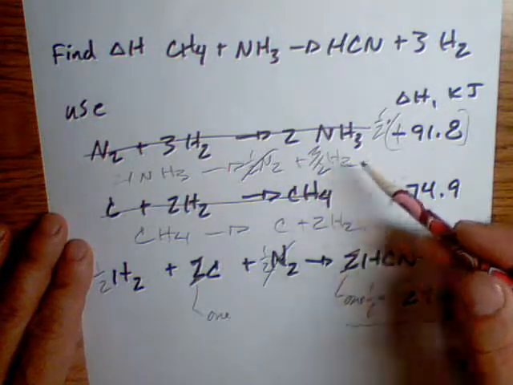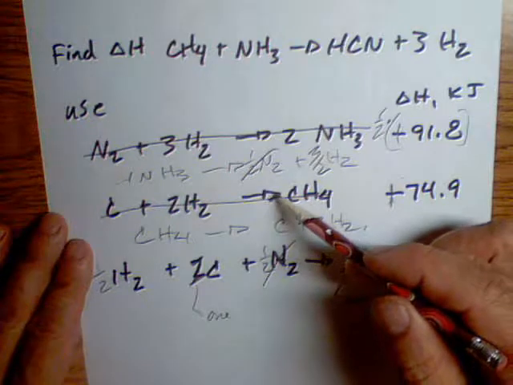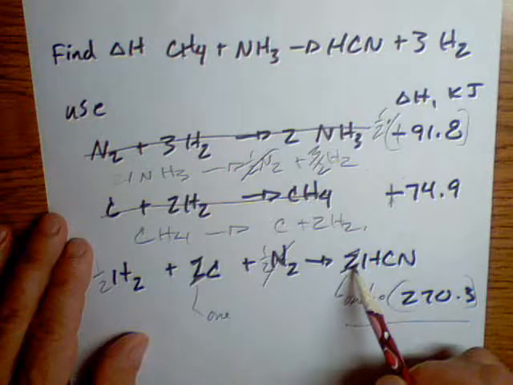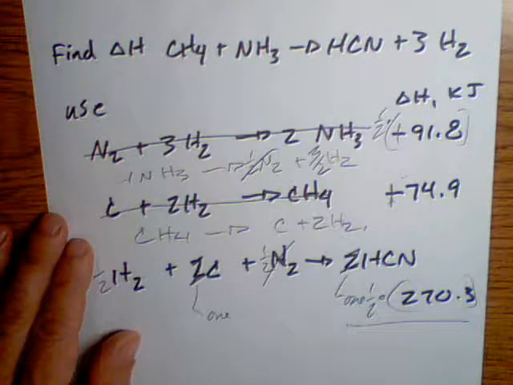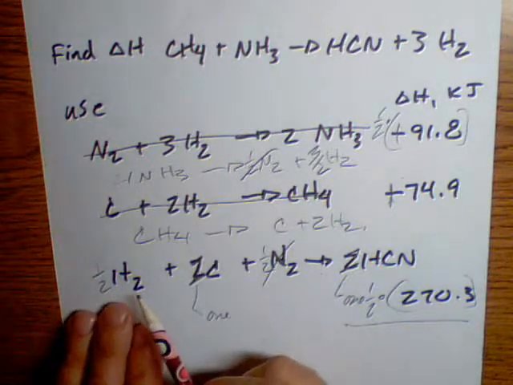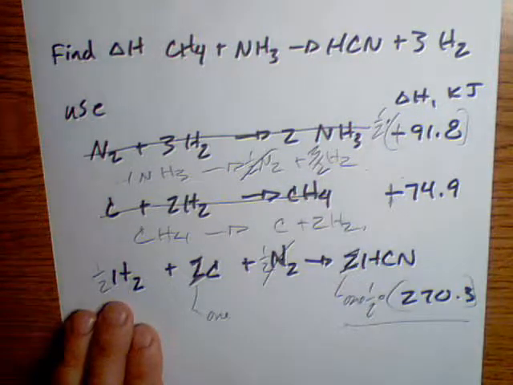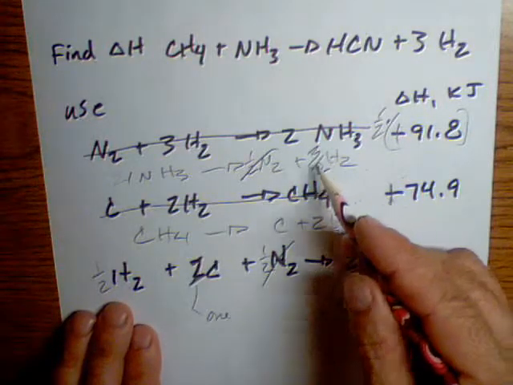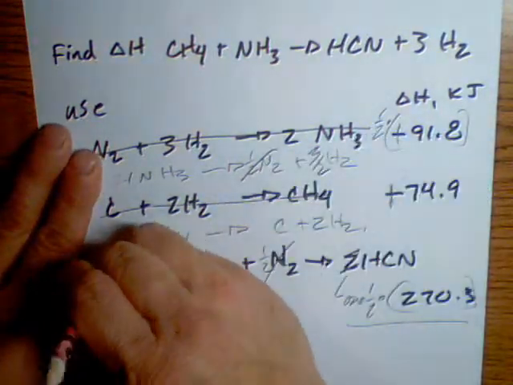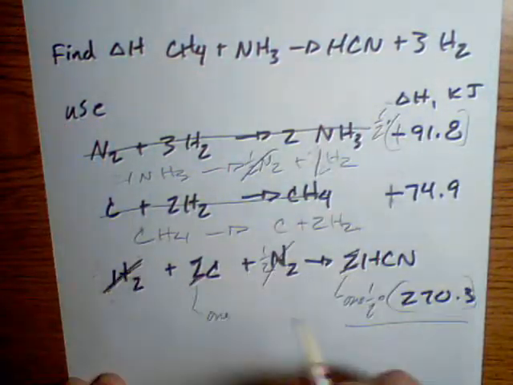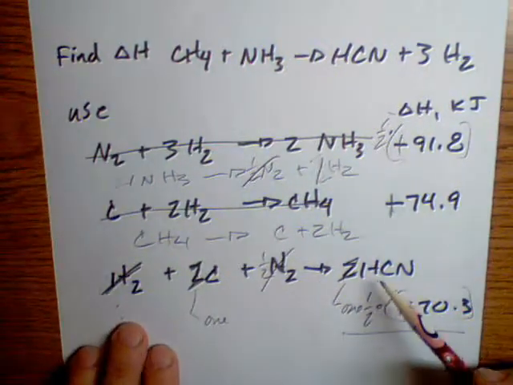It becomes such a mess, doesn't it? 1/2. Oh, this is fun. So 3 halves minus 1/2 is 1, isn't it? So if we could turn this into 1 and cancel this one out, which is convenient.